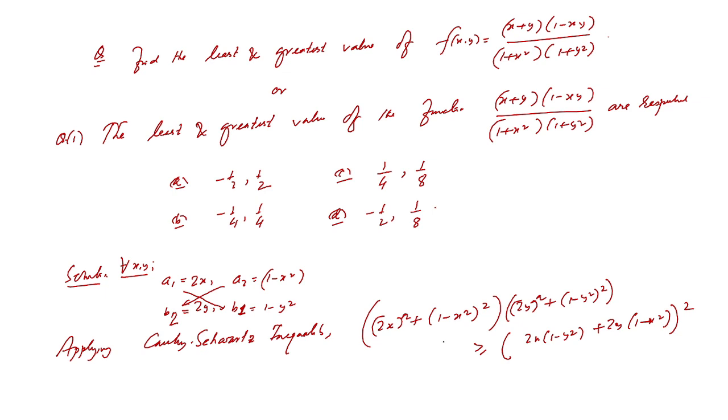Just doing the basic calculation, this implies 2 into (x plus y) into (1 minus xy), whole square, is less than or equal to (1 plus x square) whole square into (1 plus y square) whole square.